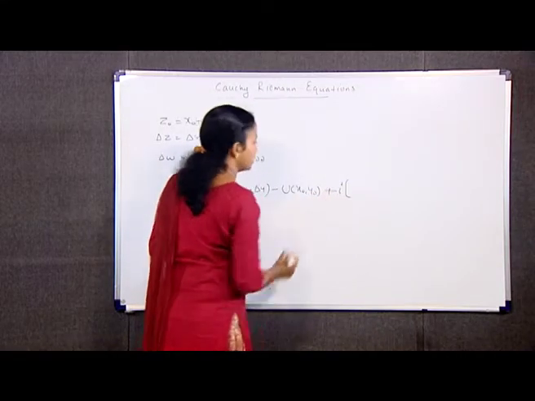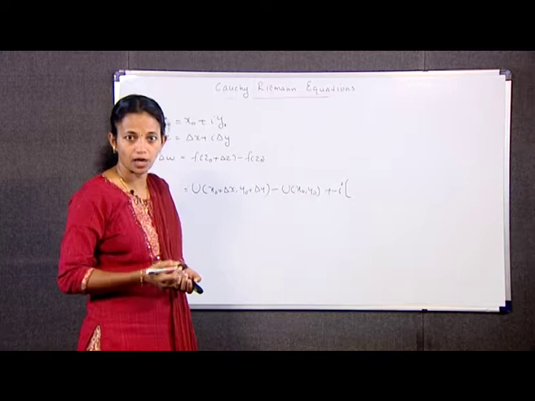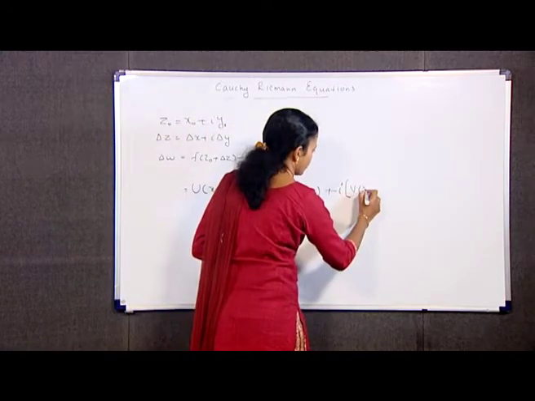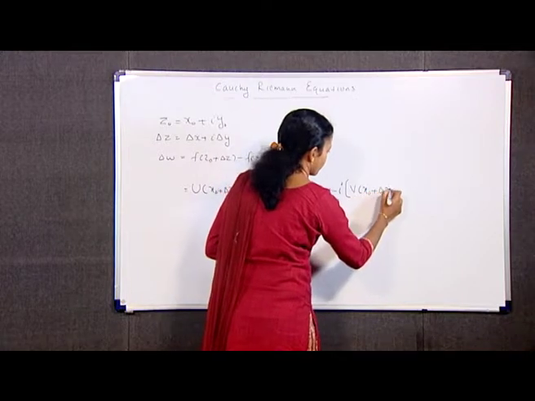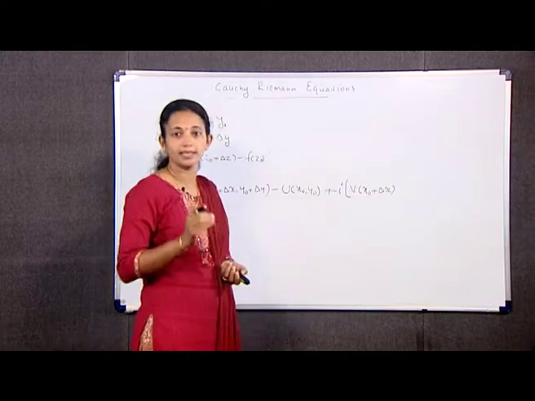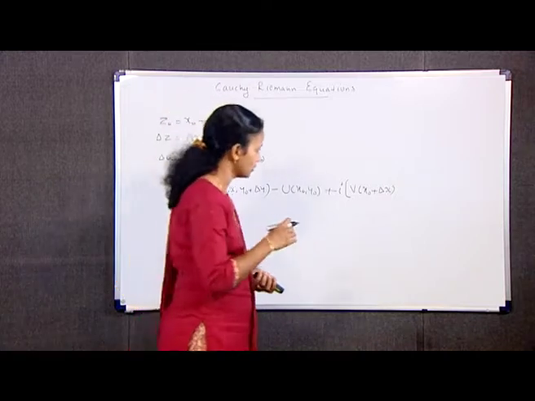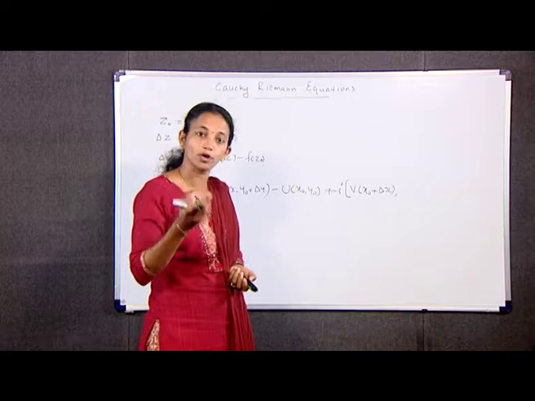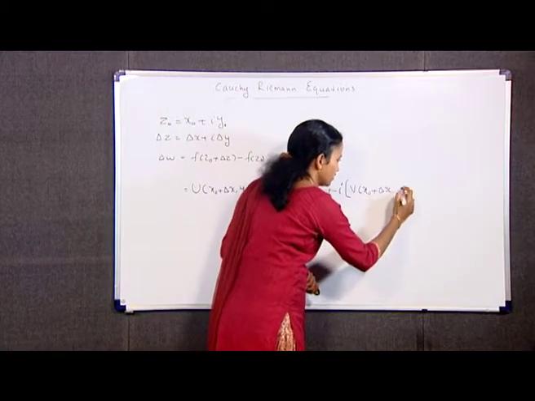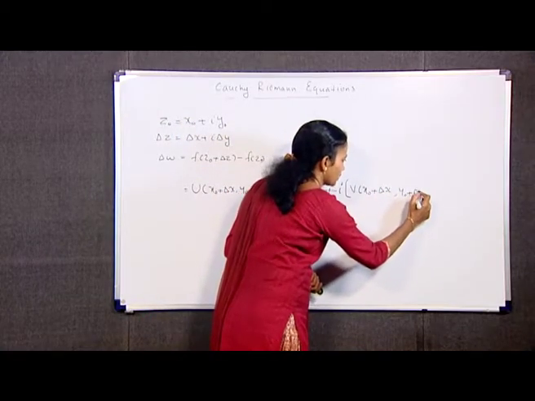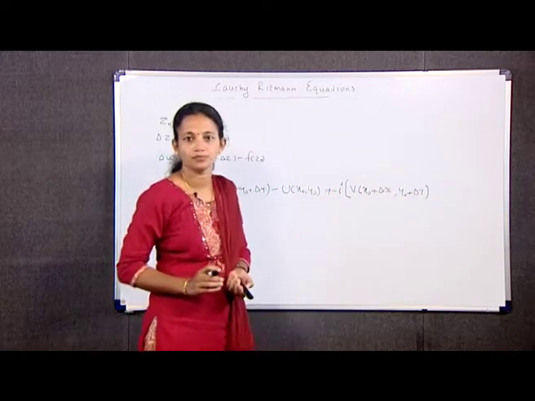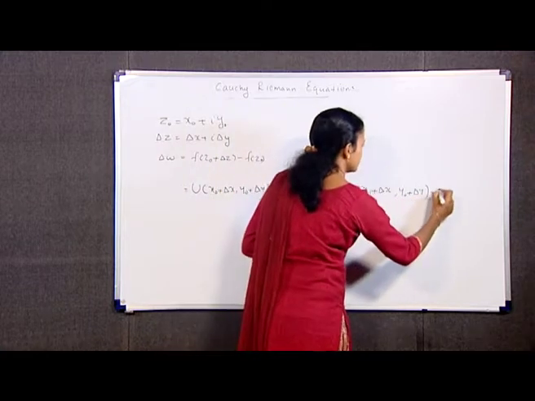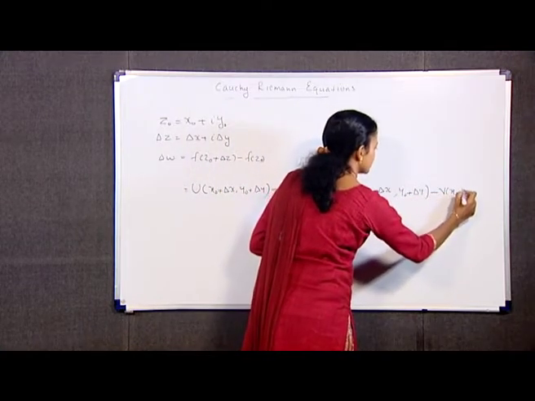plus i times, again we have, v(x0 + delta x, y0 + delta y) - v(x0, y0).